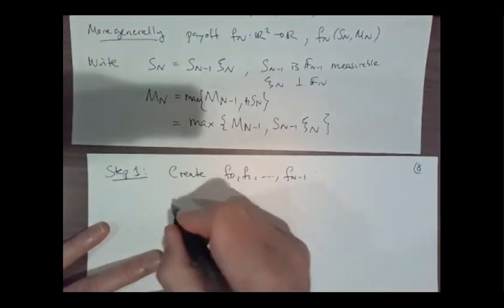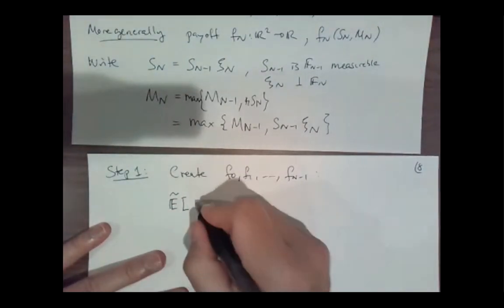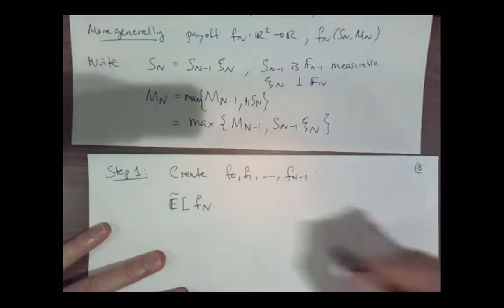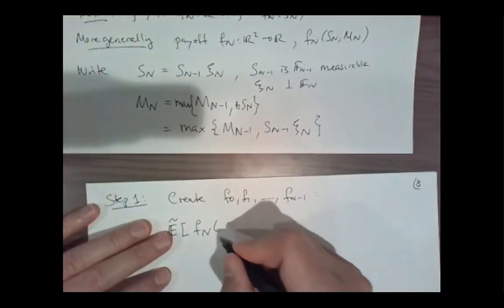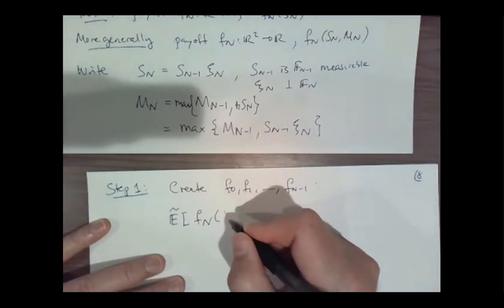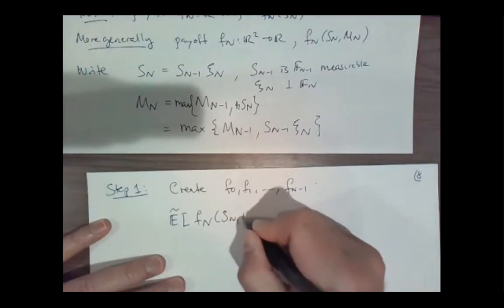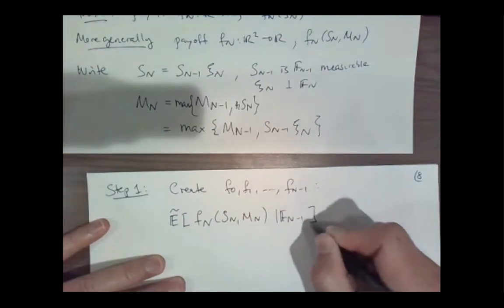And how do we do it? We need to have a conditional expectation of my payoff. This is my Fn. That's the thing that's given to us. We're given the function. Plug in the random quantities. So this here would be Sn, Mn, conditioned on the previous time point.